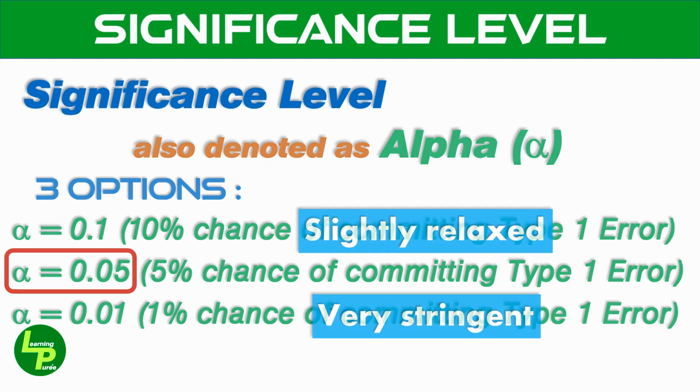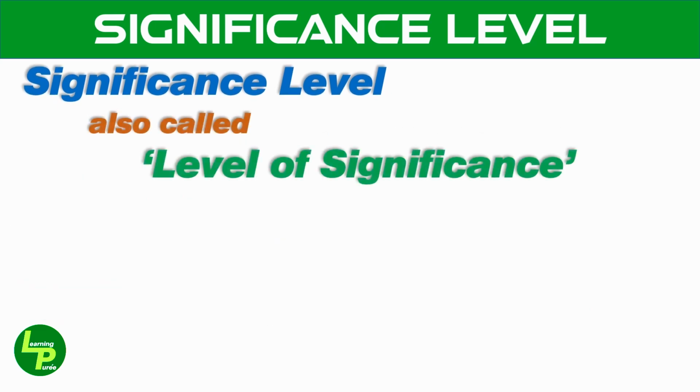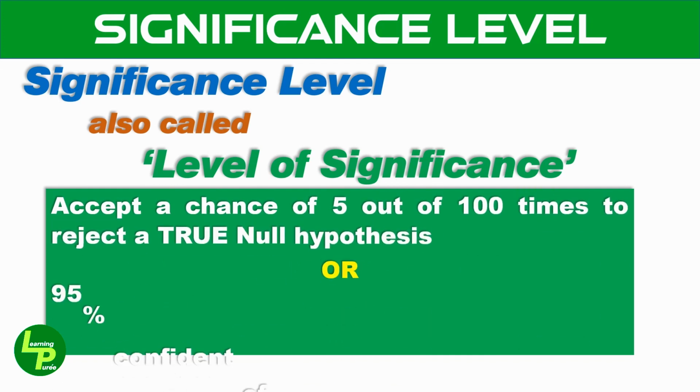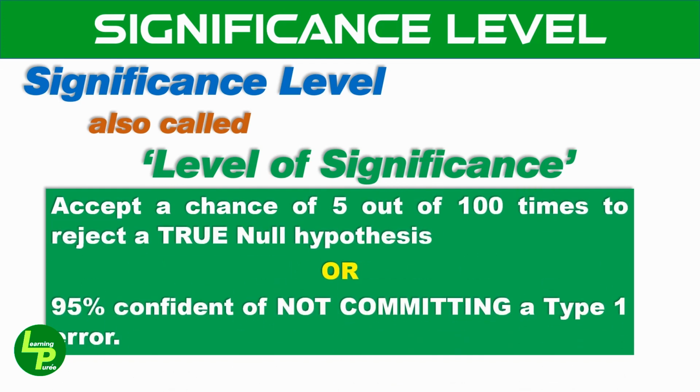And alpha, also called level of significance, equal to 0.05, means that we accept a chance of 5 out of 100 times to reject a true null hypothesis, or we are 95% confident of not committing a type 1 error.